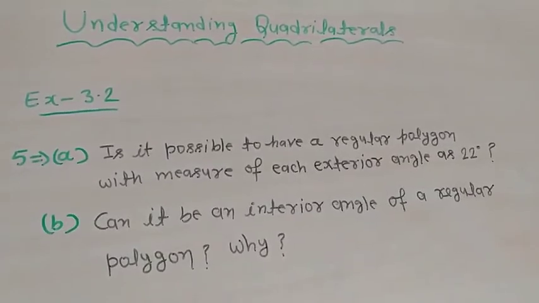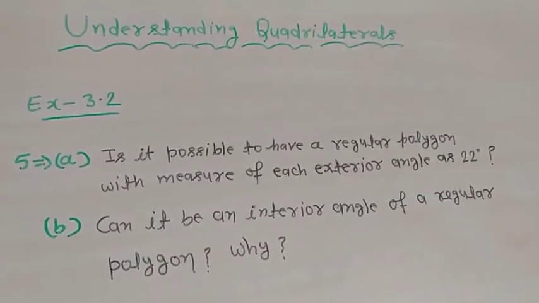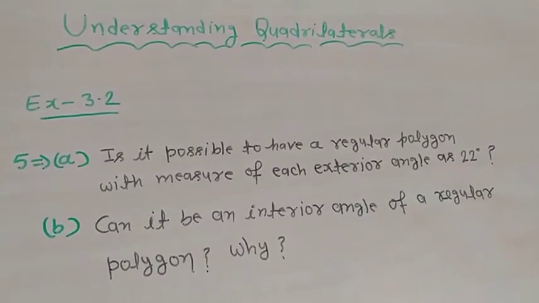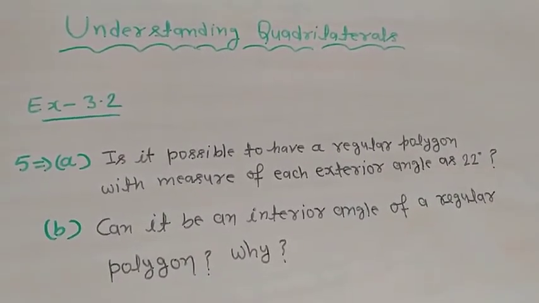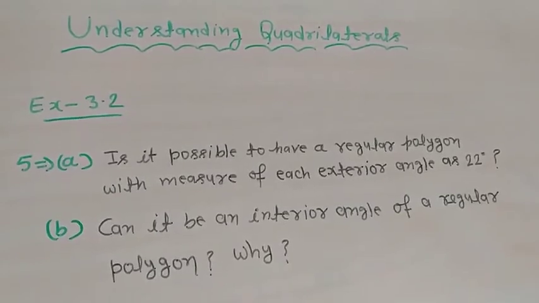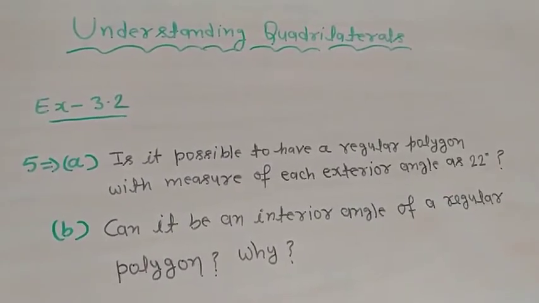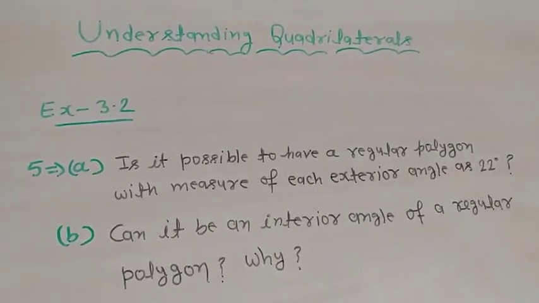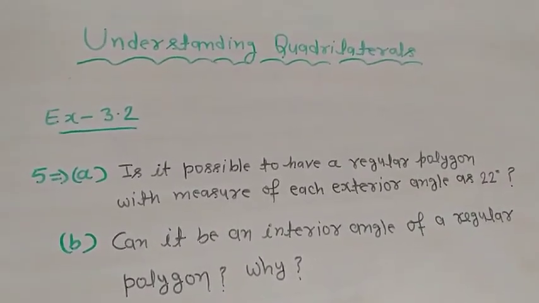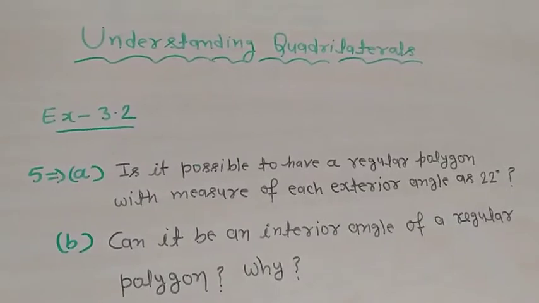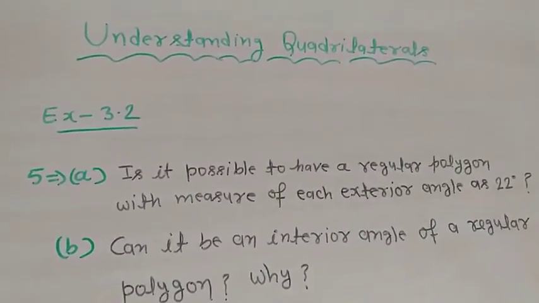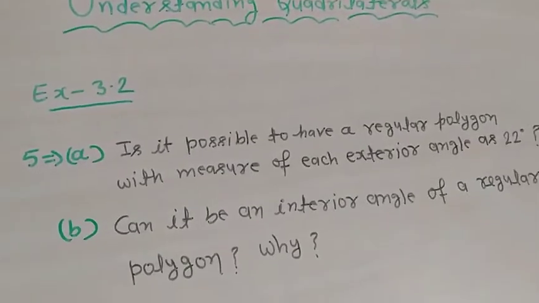Okay, if you divide 360 by 22, 22 does not divide exactly. Okay, so our answer is no, because 22 is not a divisor of 360 degree.